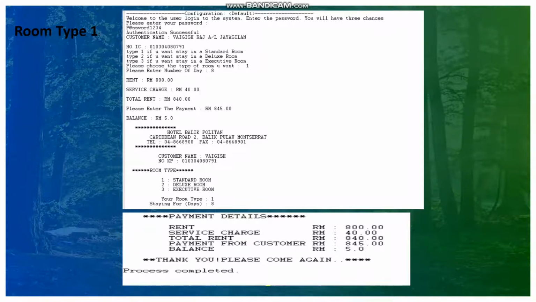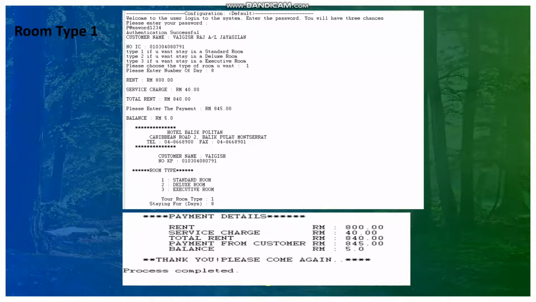So if we type 1, and the number of days you want to stay, it will show the amount of rent, the amount of service charge, and the total rent. Then you enter your payment.